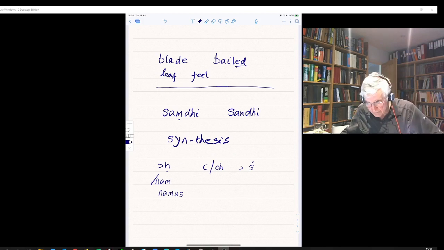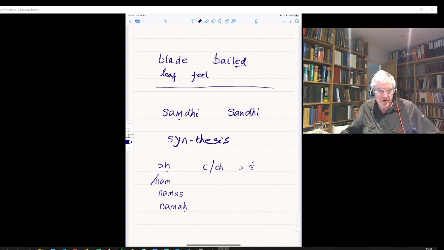Namas means bowing. Written in isolation, that is namaha. In ancient India, it was probably pronounced without that shadow vowel at the end, most likely namah. In modern India, it tends to be pronounced namaha, with an echo of the vowel following.